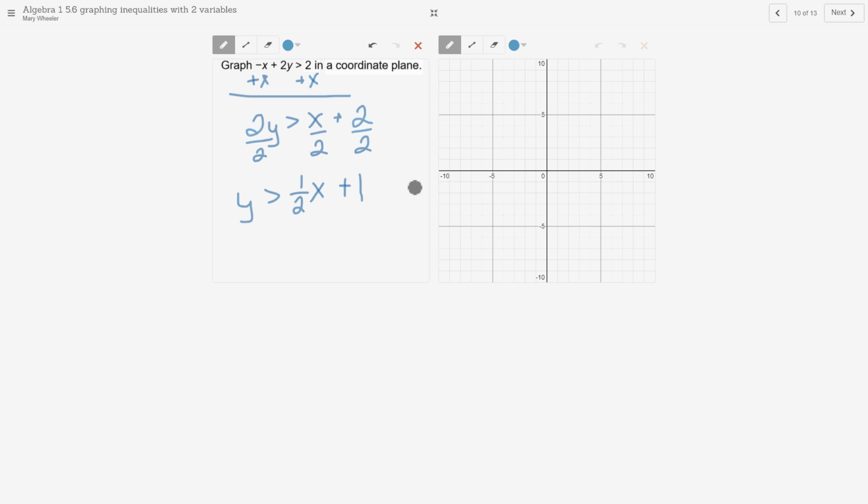All right, my y-intercept is 1, so I'm going to put a dot at 1. My slope is 1/2, so up 1, right 2. Up 1, right 2. And there's no equal sign, so this needs to be a dotted line.